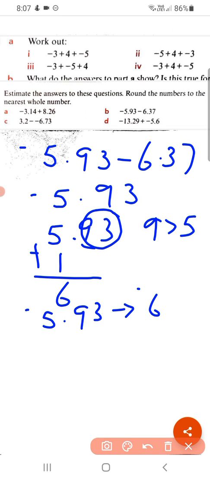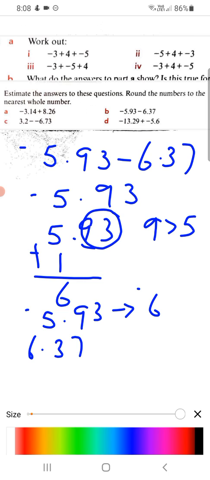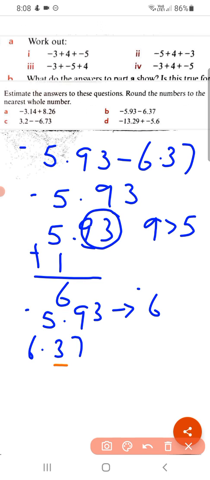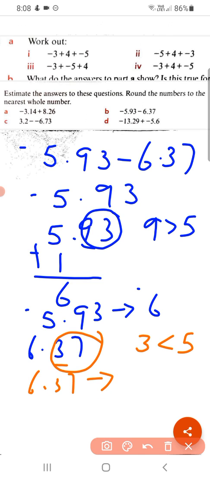Now next number 6.37. Check the digit in the 10th place. 3. 3 is less than 5. So what will we do? Remove this decimal part. So 6.37 becomes 6. Okay.